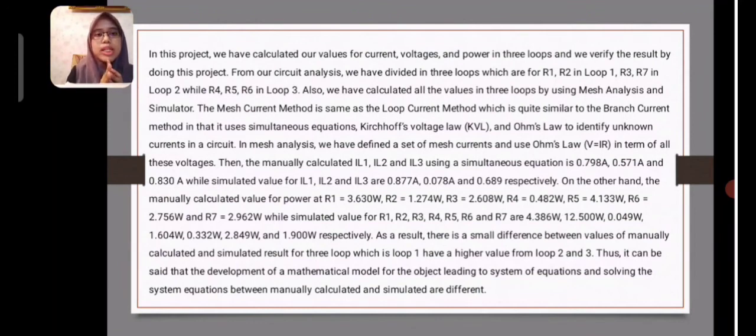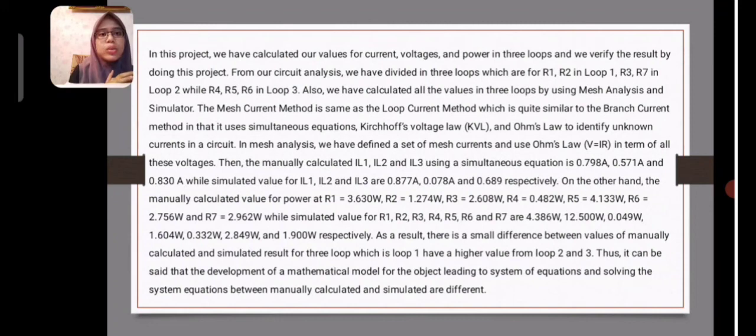In mesh analysis, we also define a set of mesh currents and use Ohm's law, V equals IR, in terms of all the voltages.